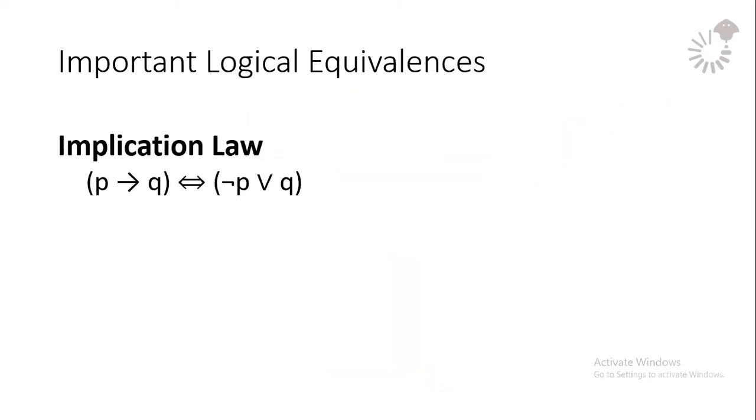Next, implication law. For implication law, okay. If we have P imply Q, this is equivalent to negative P or disjunction Q. Those two statements are equivalent. Let us prove.